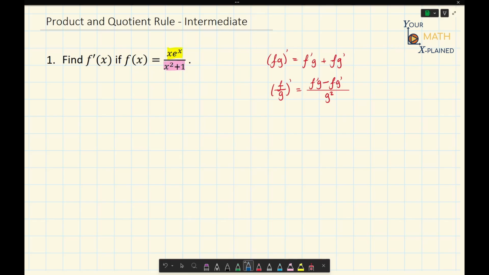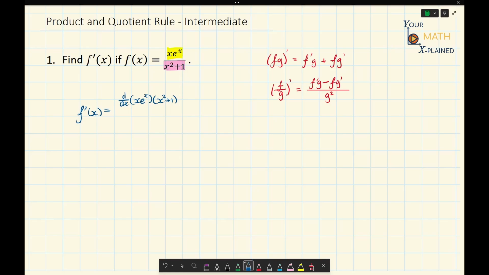So first, because this is in a fraction, we're going to be applying our quotient rule, which means we have f prime of x is equal to the derivative of the numerator, so that'll be d by dx of x times e to the x, multiplied by our denominator, which is just x squared plus 1.